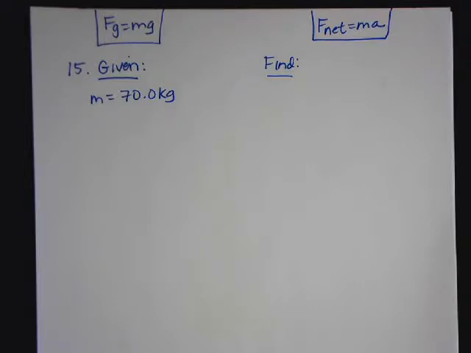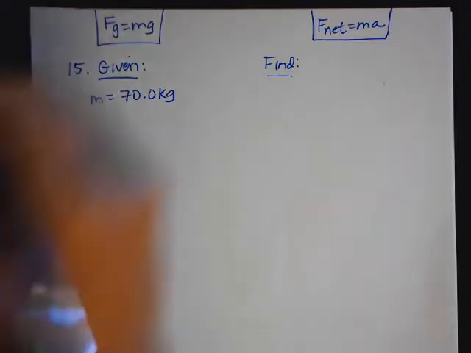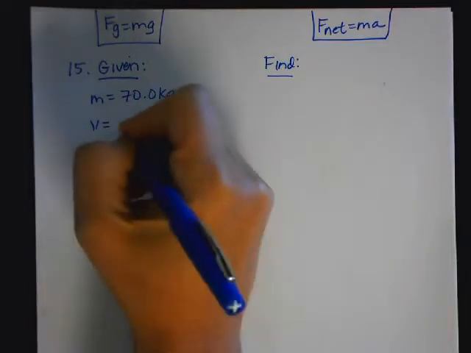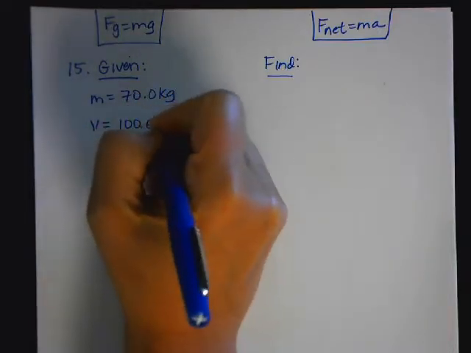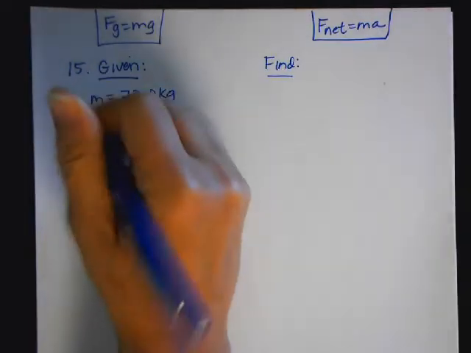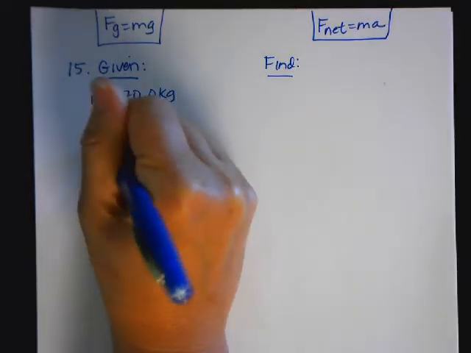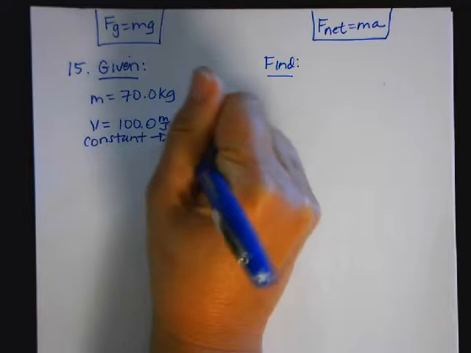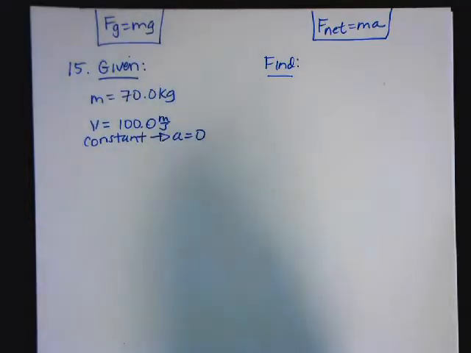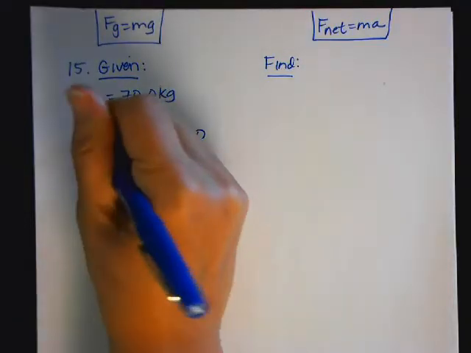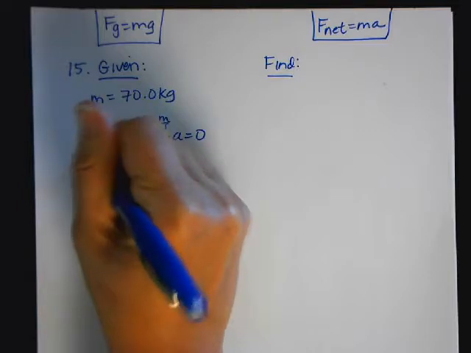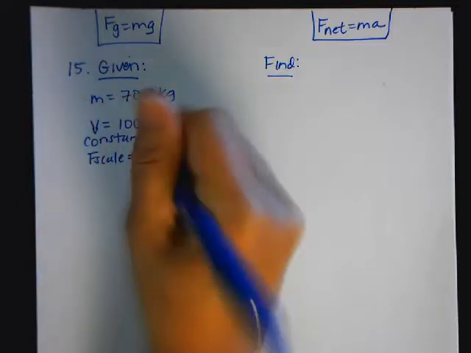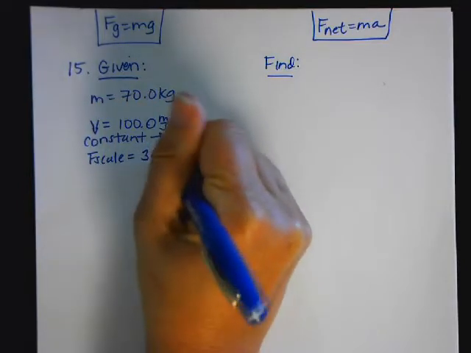So he's moving in a straight line with a constant velocity of 100 meters per second. So if the velocity is constant, in that particular case, that means the acceleration is 0. And it says at that point the scale reads 300 newtons.